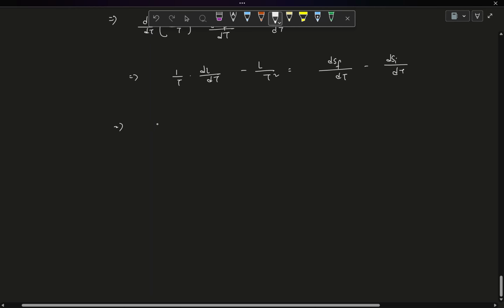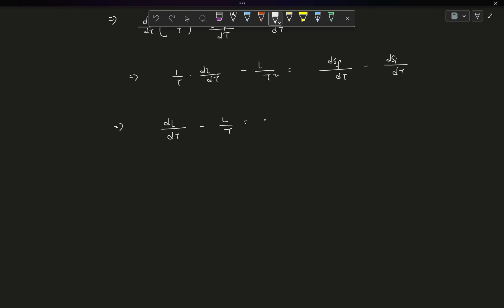So this is like dL/dT minus L by T; take the temperature, multiply to the right hand side, so T times dSf by dT minus T times dSi by dT. So here your dL by dT is L by T plus Cf minus Ci.